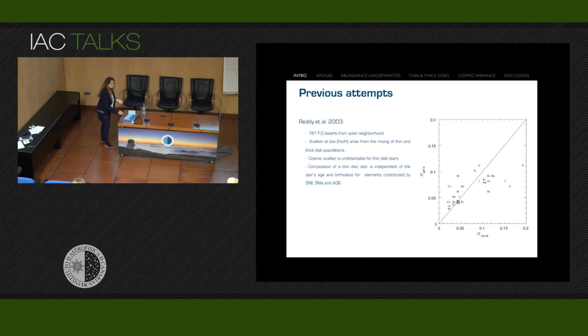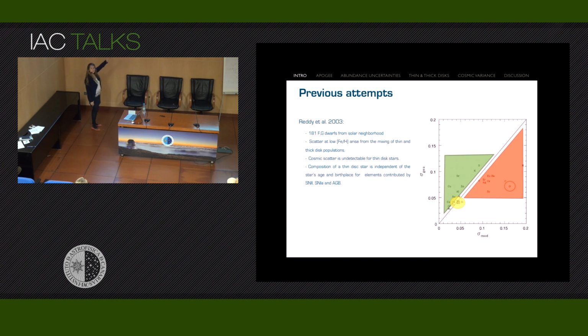So he tried to do something funny, that was to predict the theoretical errors, which are in the x-axis, and he also measured the scatter, which is in the y-axis. So when you do this, you have two different regions.